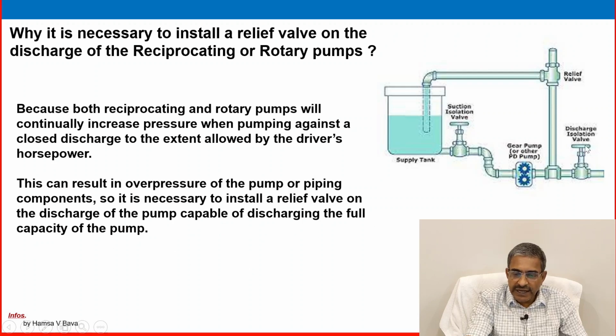If in any condition the discharge valve is accidentally closed, the pump pressure increases tremendously to a very high, effectively infinite value. To avoid damage to the pump and piping equipment, a relief valve is normally installed on the discharge side before the discharge isolation valve. You can visit your plant and see a relief valve installed on a positive displacement pump.